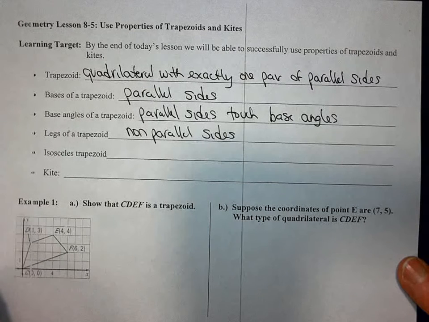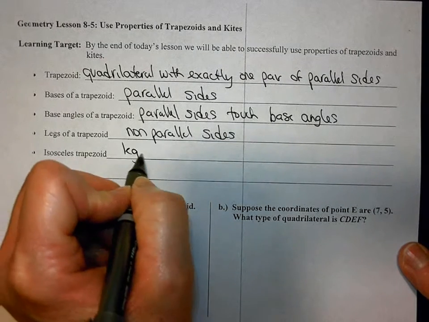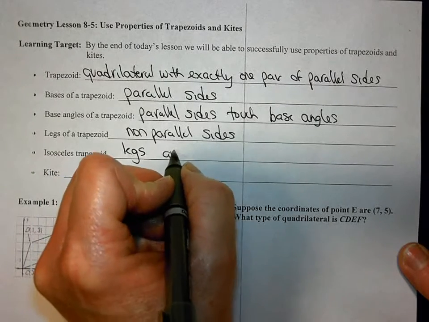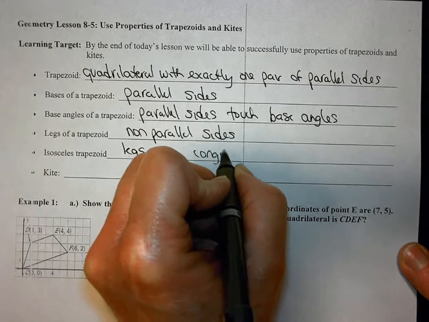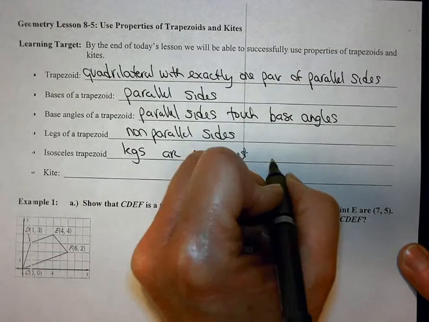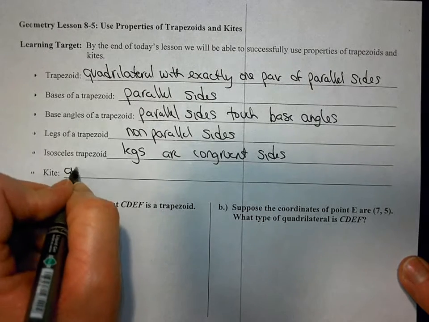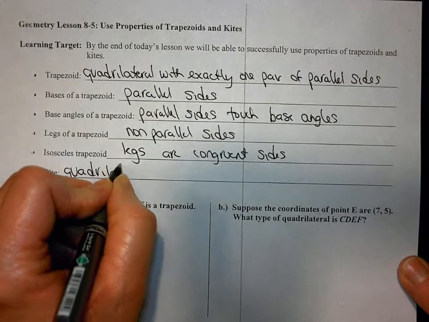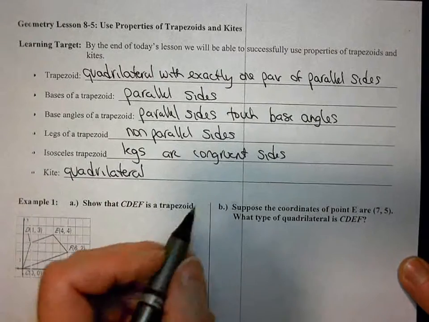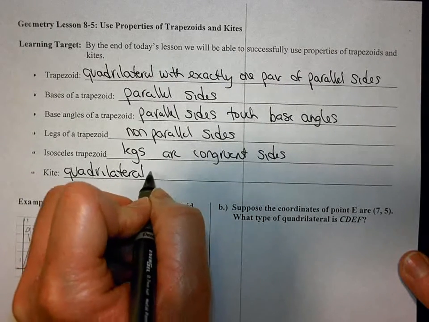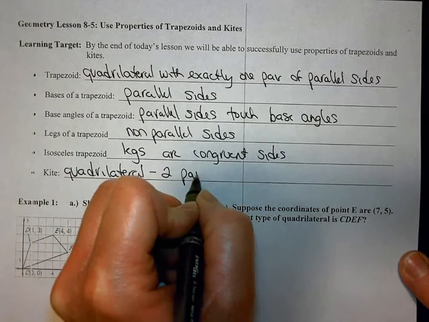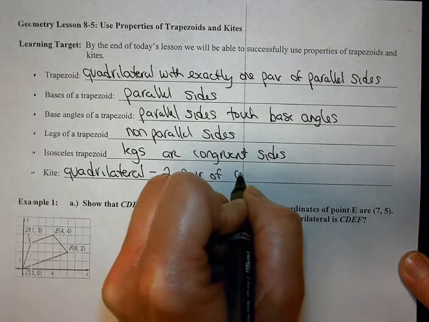An isosceles trapezoid is a special case of a trapezoid. That just means those legs are congruent. So the non-parallel sides are going to be congruent on an isosceles trapezoid. And a kite is a special quadrilateral. Okay, it still has 4 sides, but it has 2 pairs of consecutive congruent sides.